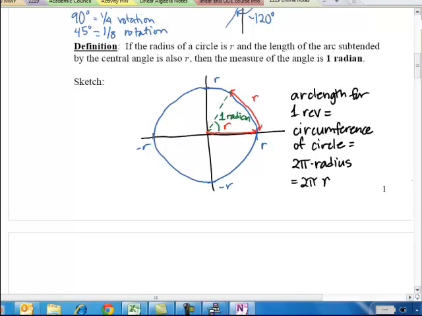So if we have a length of 2 pi r for a circle of radius r, the number of radians in that circle must just be 2 pi.